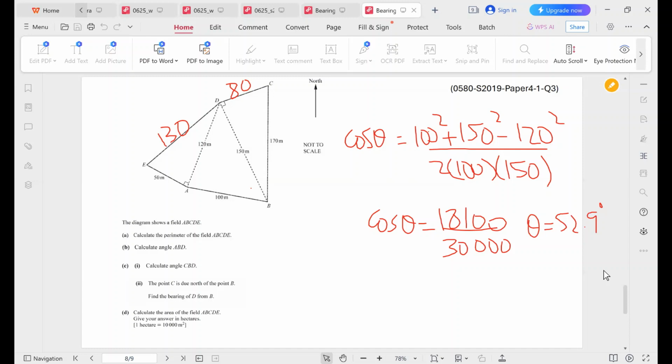I apologize for that. 52.9 is this angle here. In C, we are required to calculate angle CBD. So angle CBD belongs to a right angle triangle, so we can use SOHCAHTOA. This is our theta here. Let me quickly clear the screen to give ourselves some space.